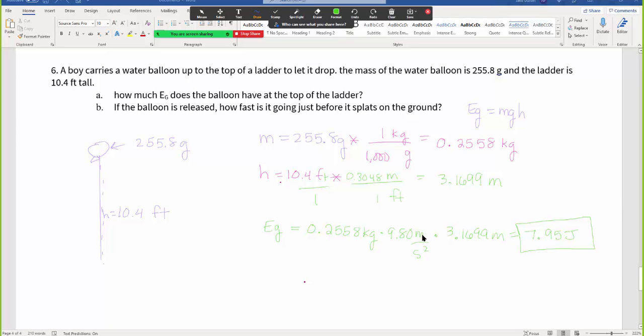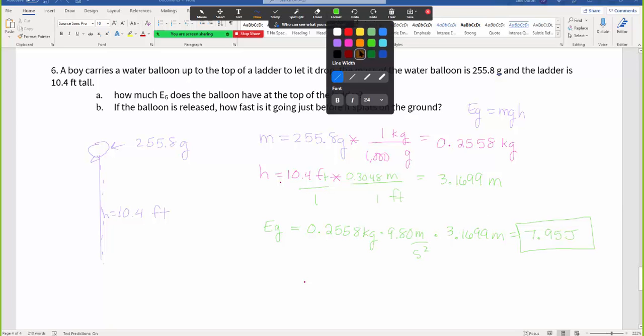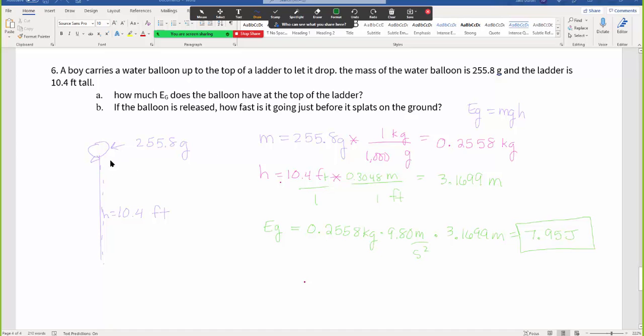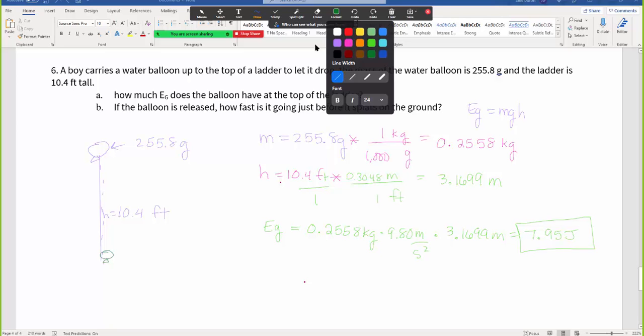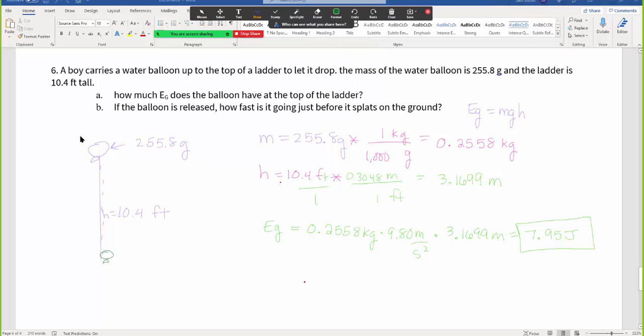And then if the balloon is released, how fast is it going to go right before it splats on the ground? So if we let go of it, it's going to fall down, right? So I'm going to just mark over here, we found out that the gravitational potential energy at the top is 7.95 joules.